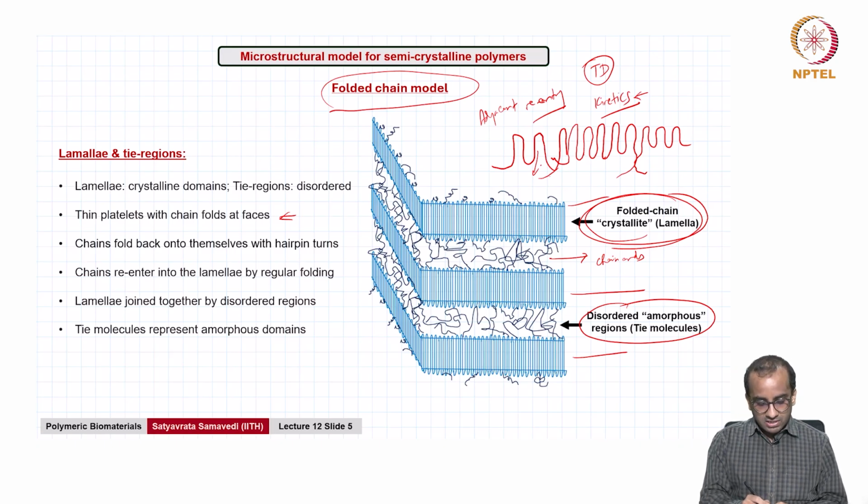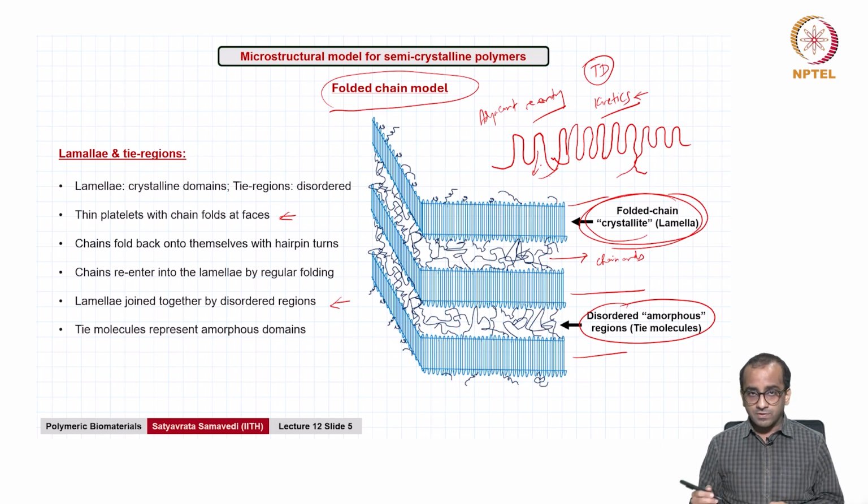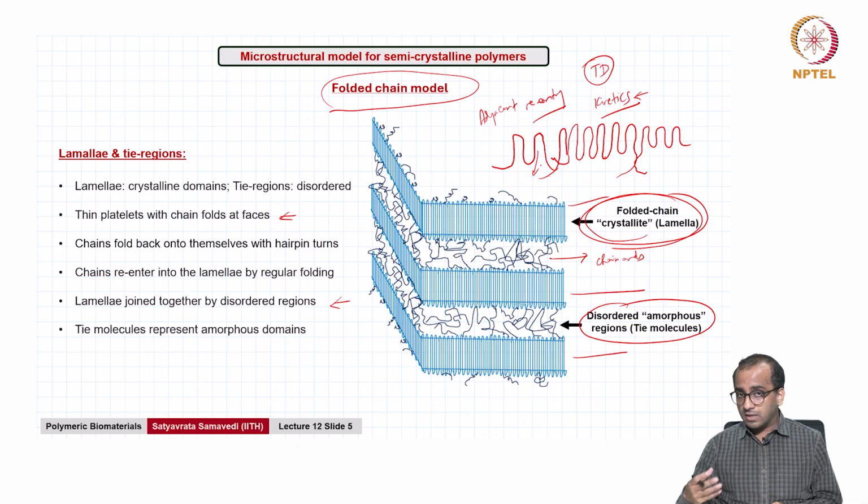And as we have just seen, the lamellae are joined together by disordered regions which represent the tie molecules. And to get a sense of why these polymers, I call this a semi-crystalline polymer, why this can't actually achieve 100% crystallinity is because of a few different reasons.